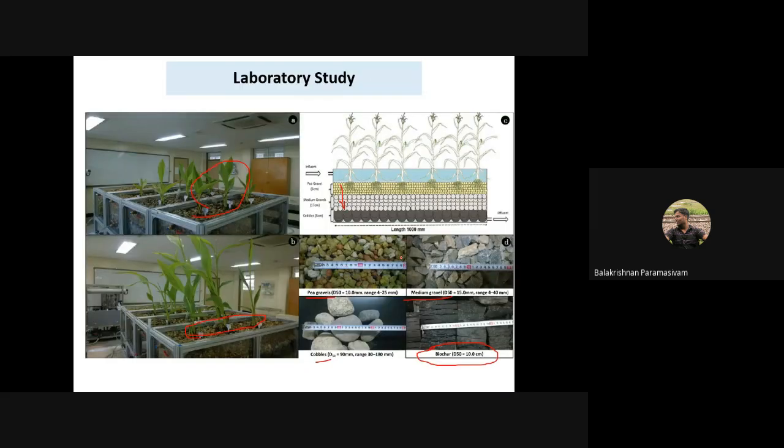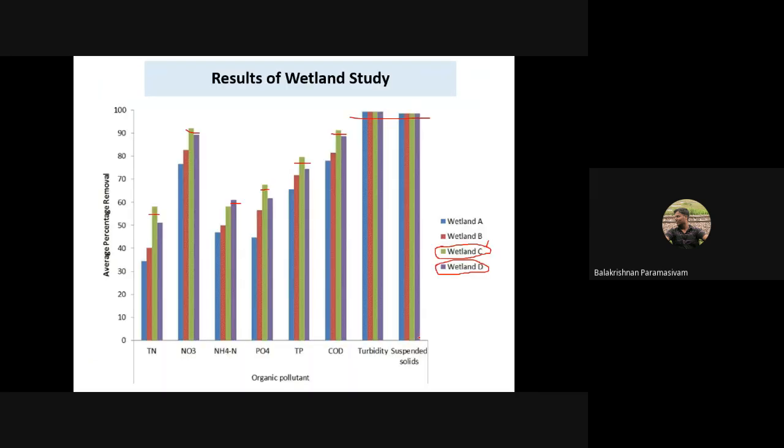Why? Because here we are providing a biochar system. Biochar has high porosity, acts as a filter, and supports biological bacterial growth. In this attached growth process, the major reason for removal of pollutants is biological treatment.